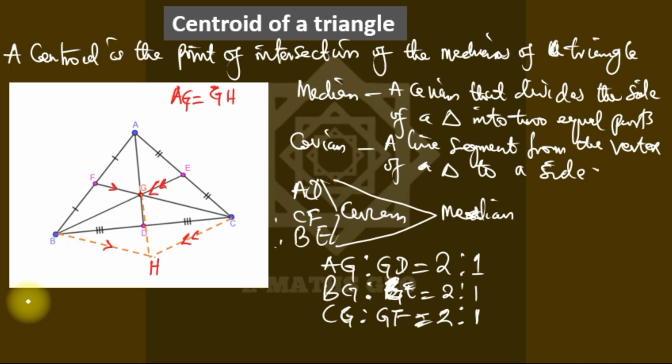So BGCH is a parallelogram, as you can see, because it has two pairs of parallel sides. This is parallel to this, while this is parallel to this. This is also the same line.